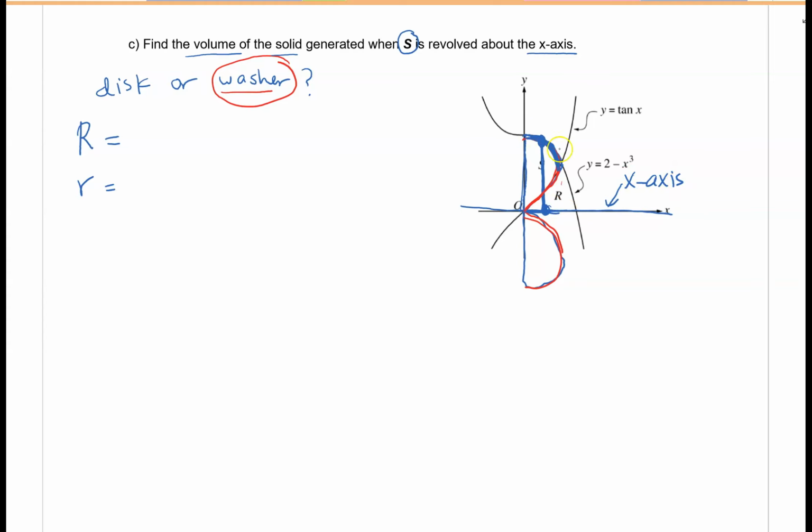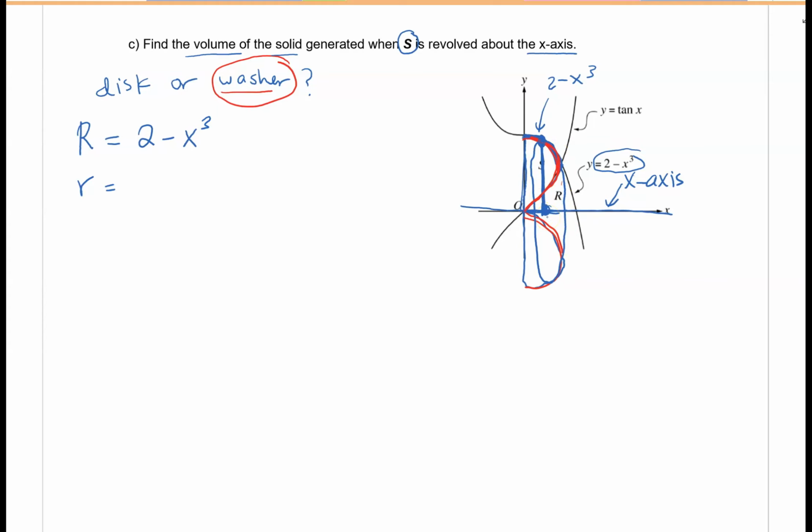So it's the one further above the x-axis, which is y equals 2 minus x cubed, this one here. So that vertical height is the length of my longer radius, the one that goes all the way from the edge of the solid to the middle of the solid.